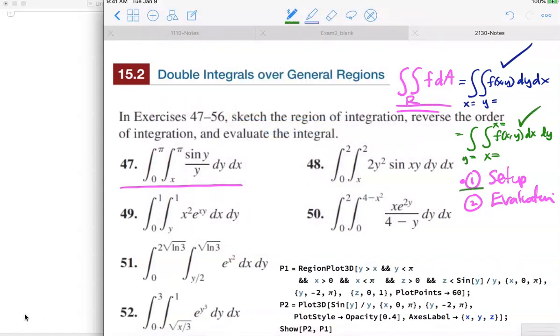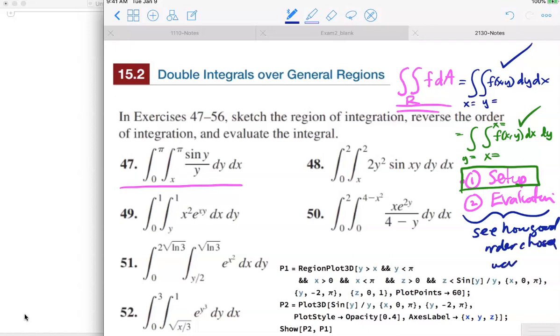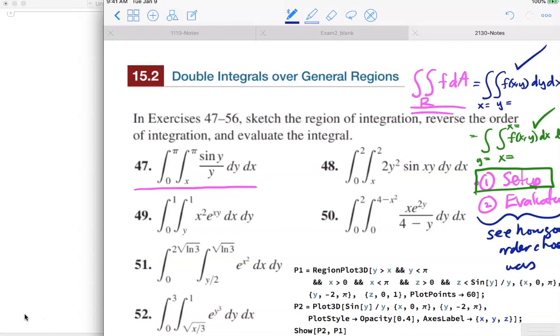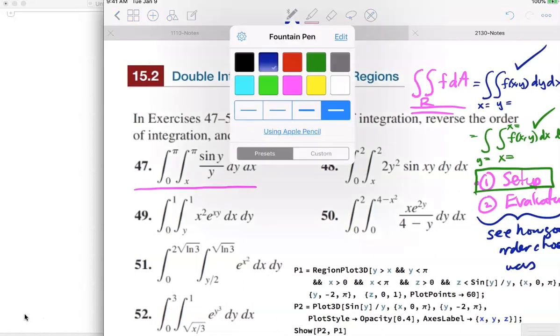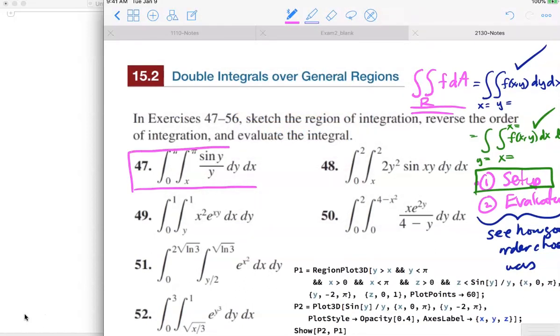But when it comes to the next step of evaluating the integral, this is where we see how good the order chosen was.